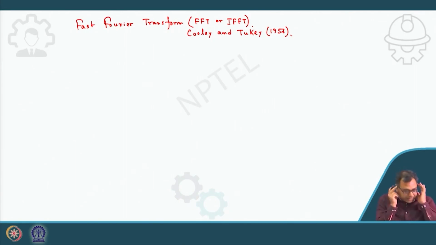So what they have done is, they have developed a computational algorithm where n is a power of 2. What is the meaning of that?